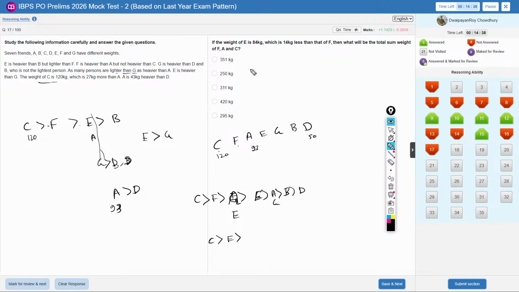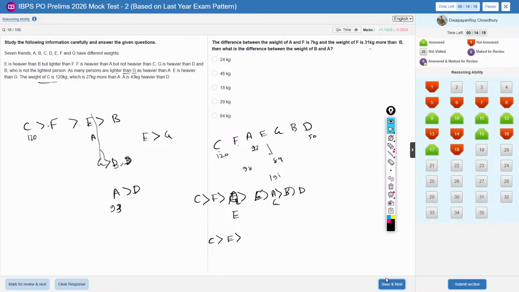Weight of E is 84, which is 14 less than F. So 98. Or total sum of the weight of F, A, and C. So 1 will be the unit digit, it's 191, which is 311 in total.